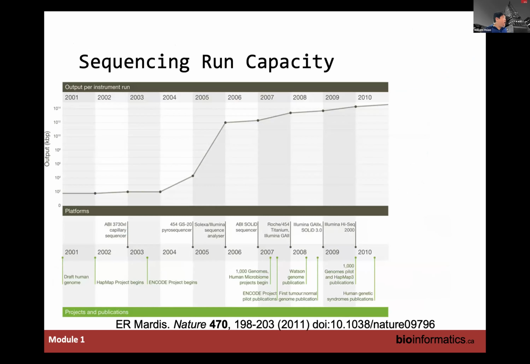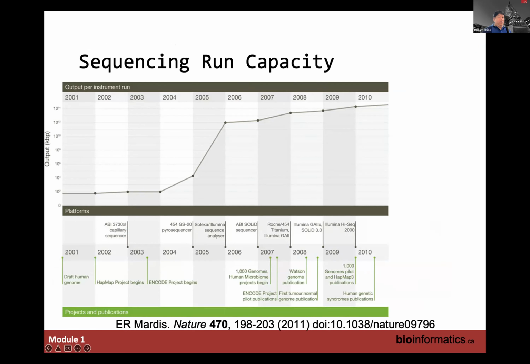And this outdated diagram, which continues to increase to date, really shows the many-fold increase. I think it's like a 10 to 12-fold increase from Sanger sequencing to the development of next-gen sequencing.